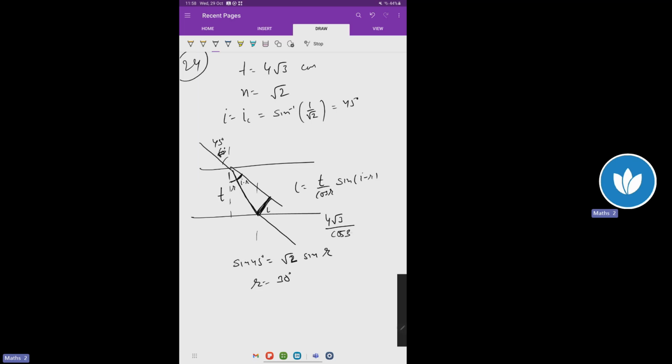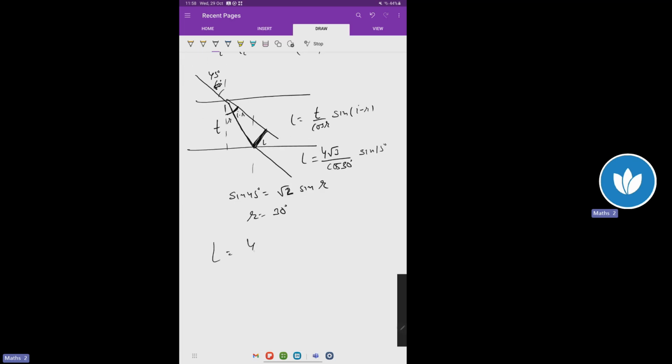Cos 30, sine 15. This is lateral displacement. L is 4 root 3, cos 30 is root 3 by 2, and sine 15 given equation 0.25 or 1 by 4. This is equal to 2 centimeter.